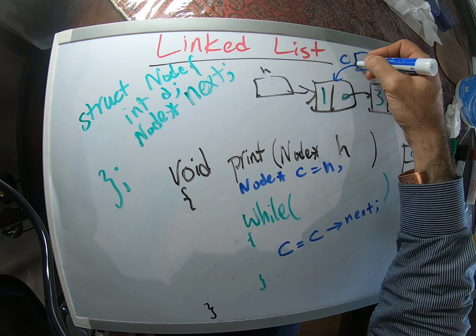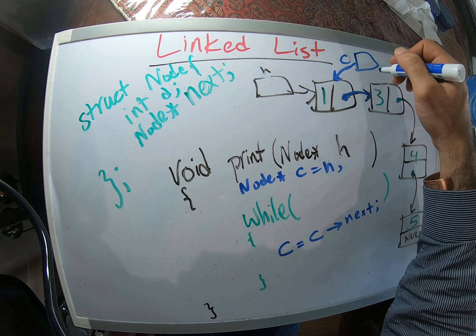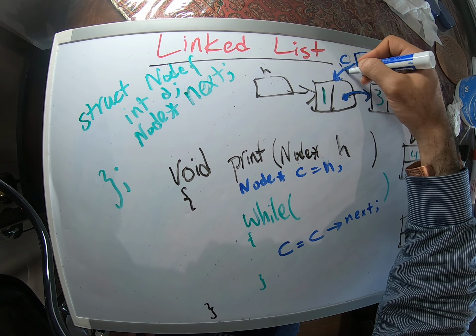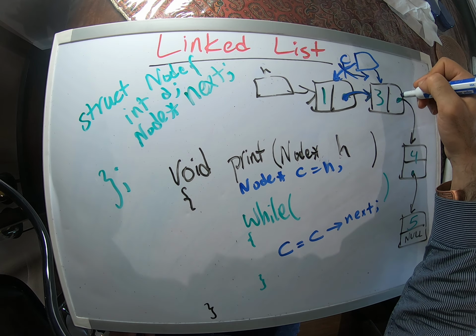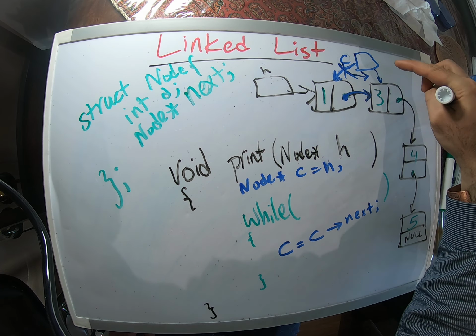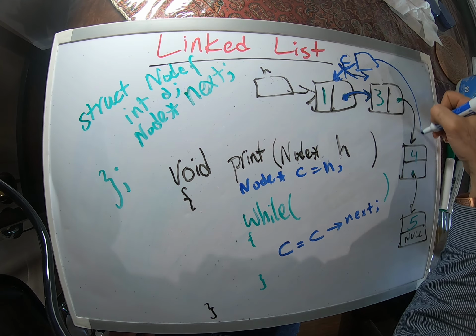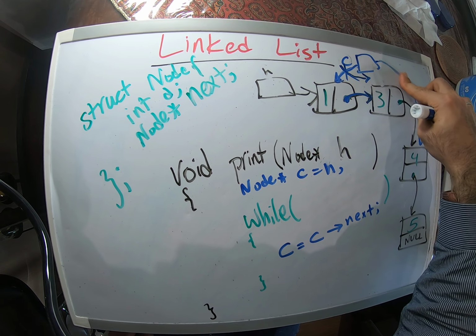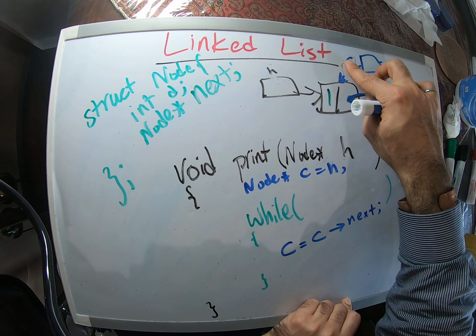I want it to be pointing to where this pointer is pointing to. So it's going to move like this, right? Again, I want it to be pointing to where this one is pointing. So this is going to be gone and this is going to point here. So this is what's going to happen in the loop, and this is how we traverse.